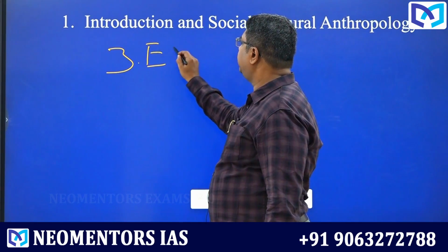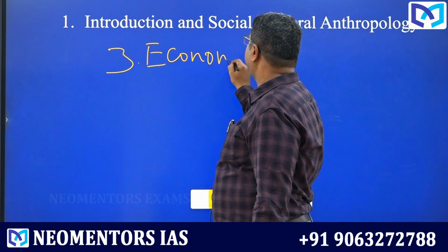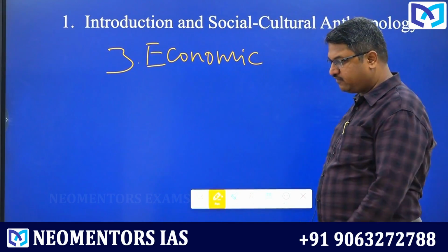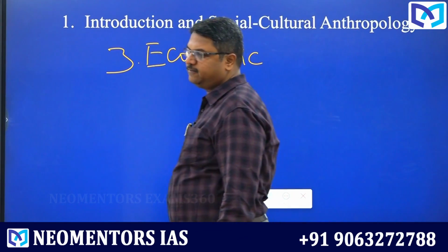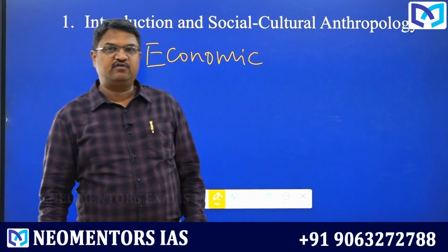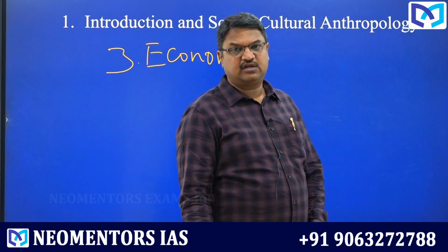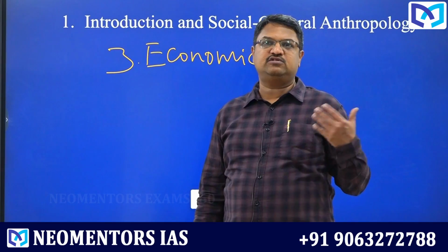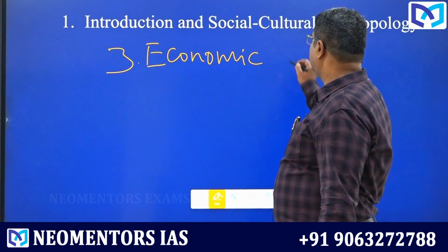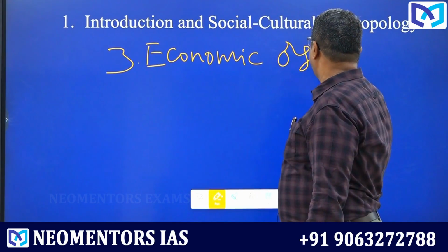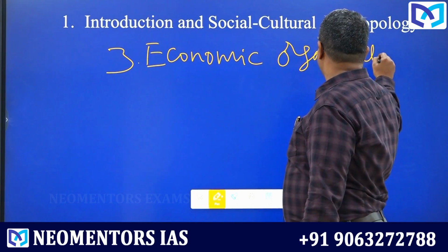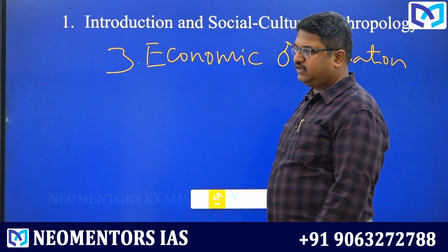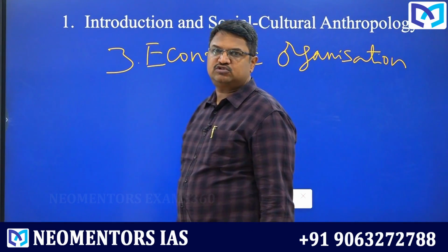That is how societies organize themselves in economics, in the sense how they produce their food, how they distribute their food, how they exchange their food and other resources with other members of the society or other societies, neighboring societies or strange societies. So economic organization is the main idea in chapter 3. That is also, I have classified under introduction and social cultural anthropology.